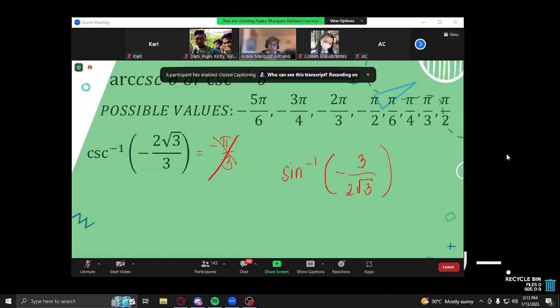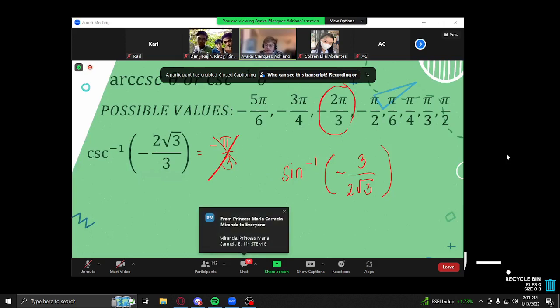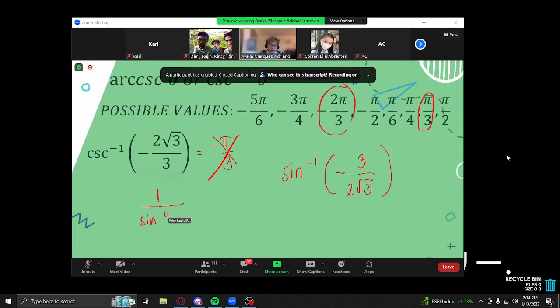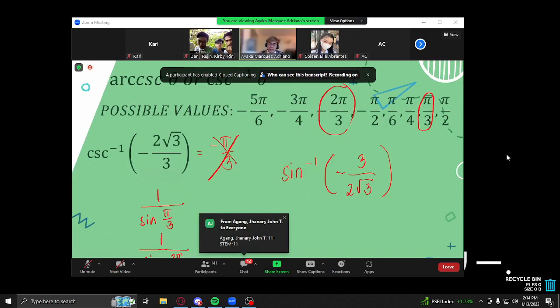Tandaan ninyo, you have to consider ngayon yung mga family of pi over 3 regions. And in the given possible values, dalawa lang naman yung pwede nating itry. And they are negative 2 pi over 3 at saka itong pi over 3 regions. So what we're going to do is we will have a trial and error for 1 over sine pi over 3, and you can also try using your calculators 1 over sine negative 2 pi over 3 regions.